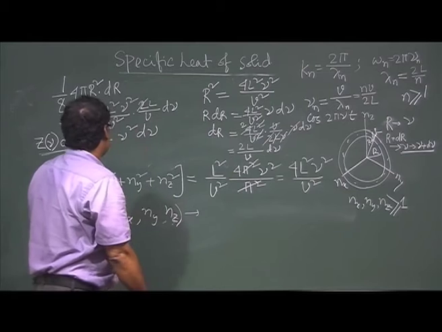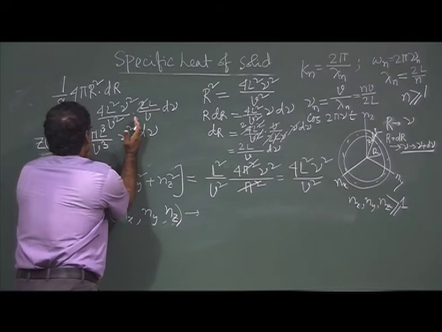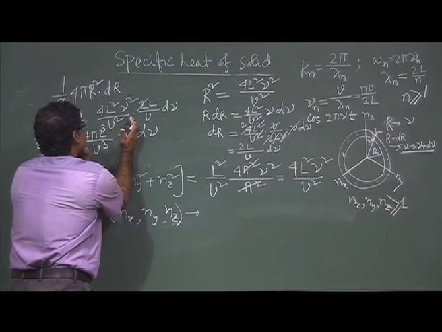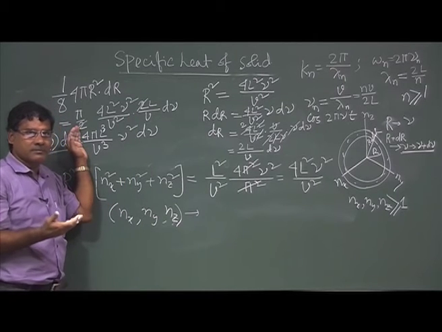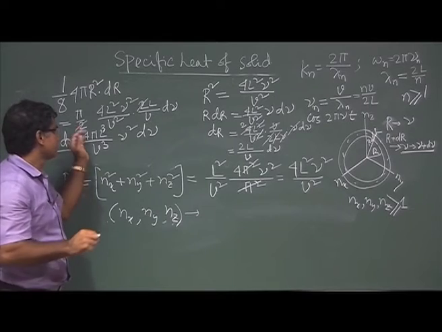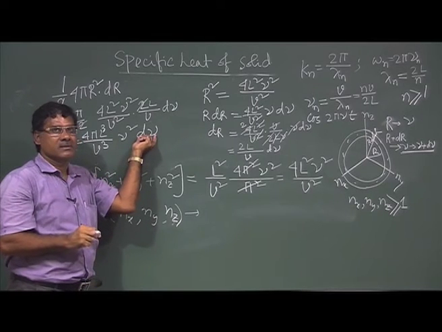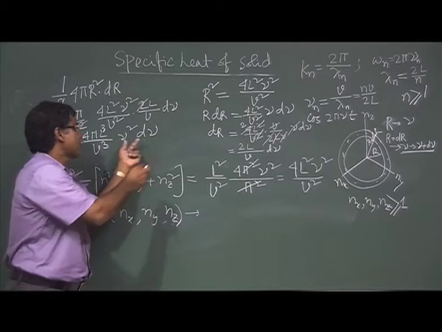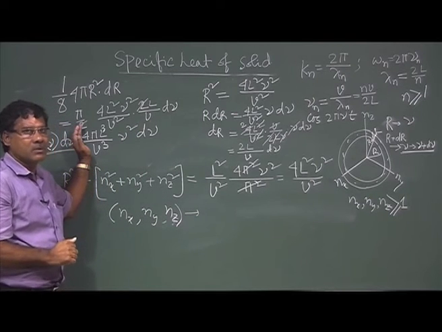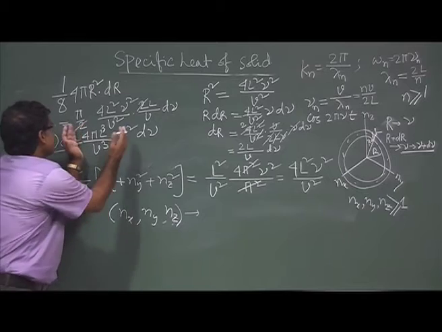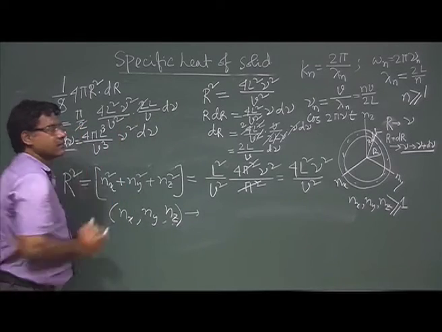So, this is the number of modes having frequency nu in the small frequency range d nu. If I multiply by d nu, I will get the total number of modes.